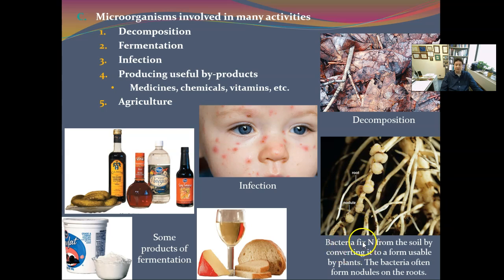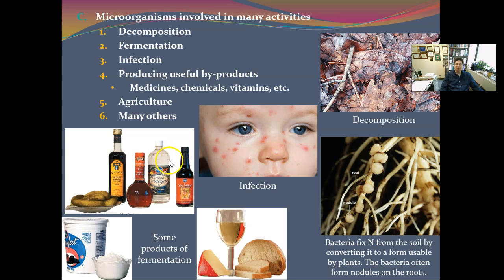Bacteria, for example, are responsible for pulling in nitrogen from the atmosphere and then converting it to a form usable by plants. It's a process called nitrification and nitrogen fixation. Very important, again, something we'll get to a little later. And then there are many others that we'll be touching on.